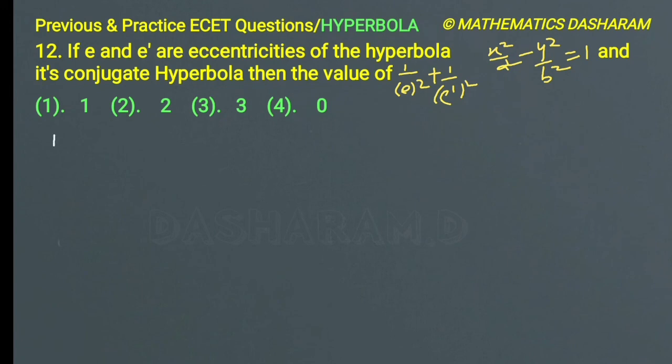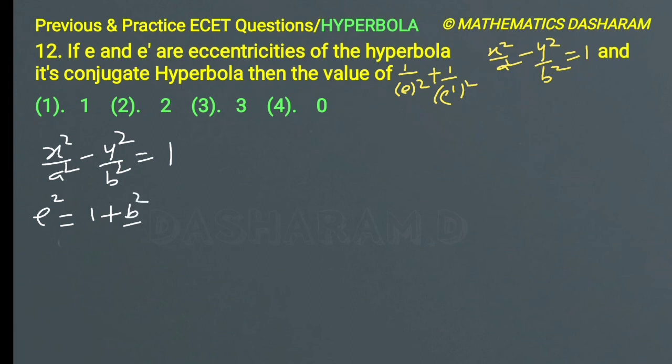So the given hyperbola is x square divided by a square minus y square divided by b square equals 1. Then its eccentricity is E, and the E square formula is 1 plus b square divided by a square. So E square equals a square plus b square divided by a square.